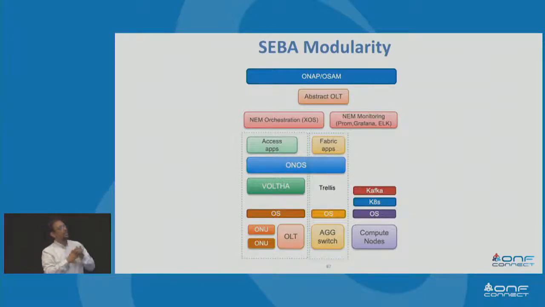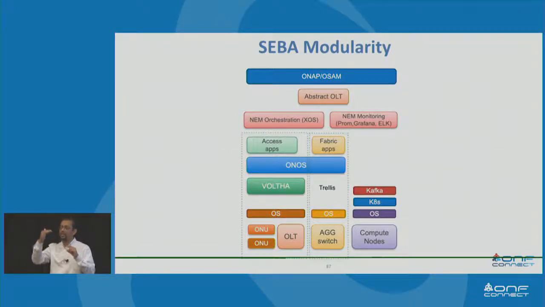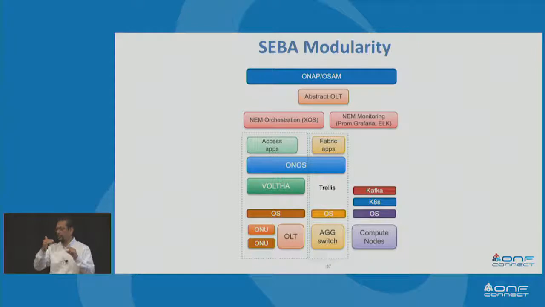So abstract OLT was a local adapter, if you wish, to take stuff that comes from, say, ONAP, and then adapt it to the calls that NEM expects. It was a piece of software that actually came from AT&T, and the need for it may have actually gone away. It's just a slightly old slide.